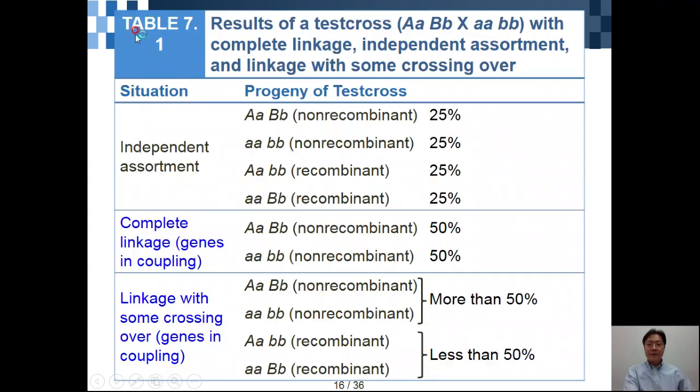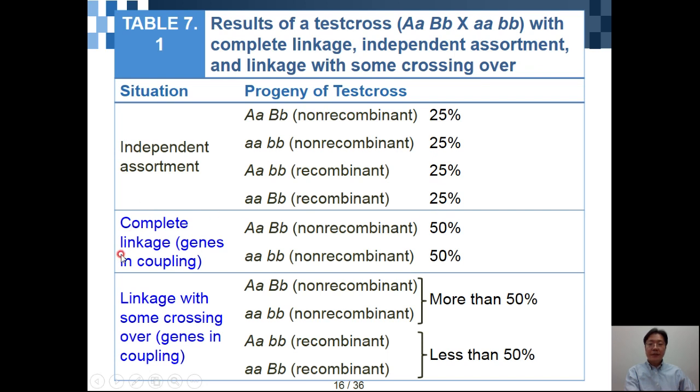This is table 7.1, results of test crosses with complete linkage, independent assortment, and linkage with some crossover. If they are in independent assortment, the ratio will be 1 to 1 to 1 to 1.